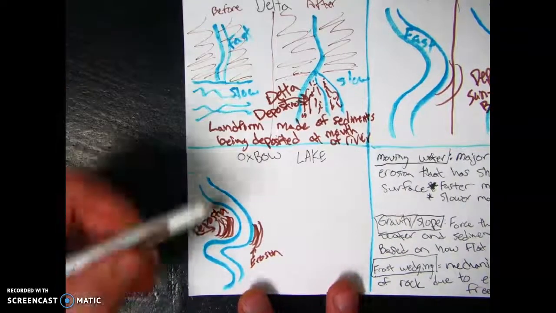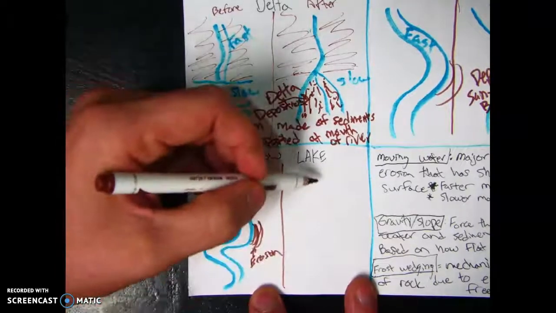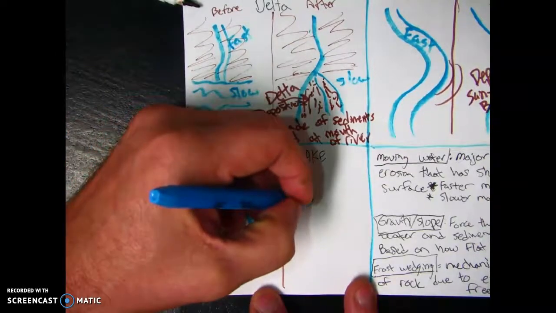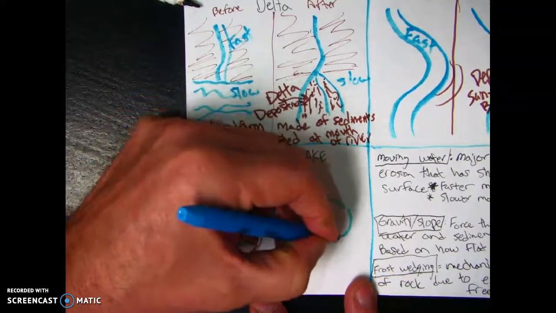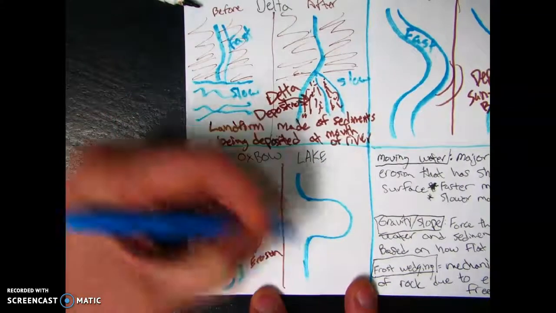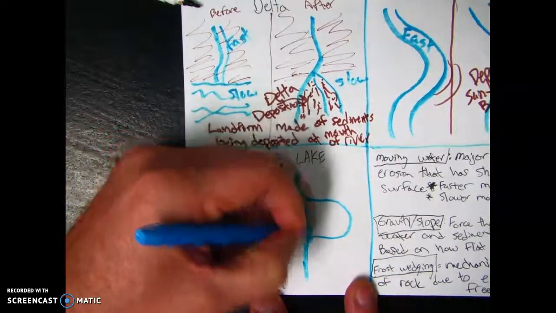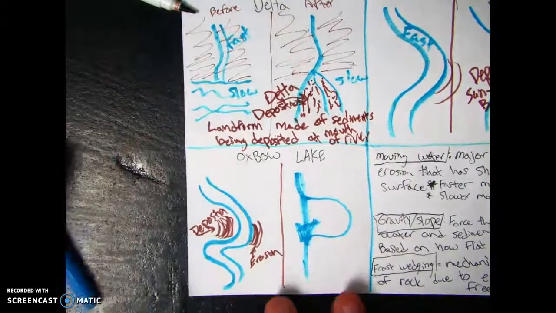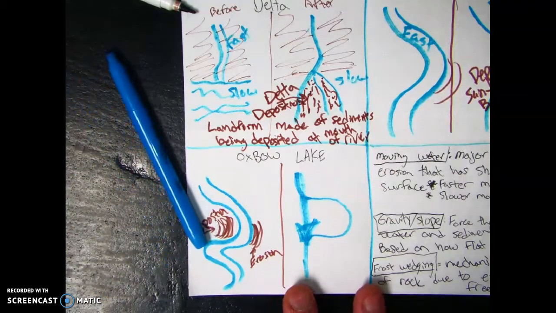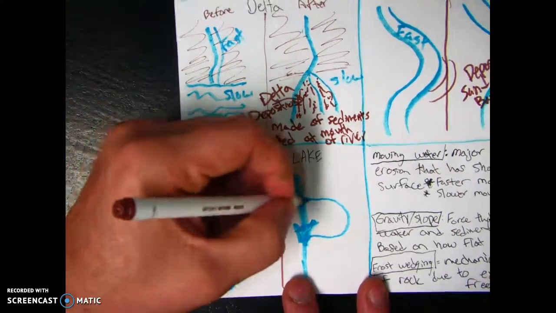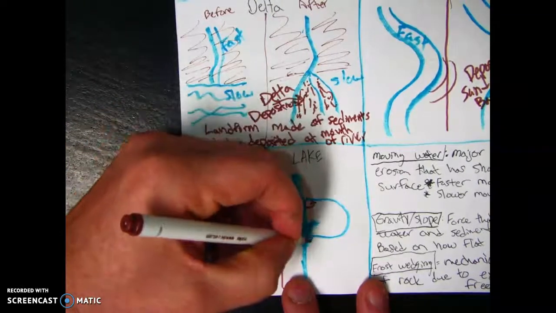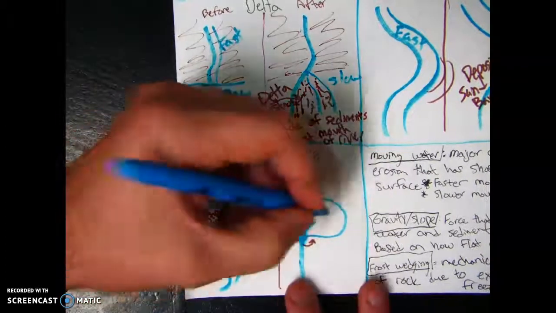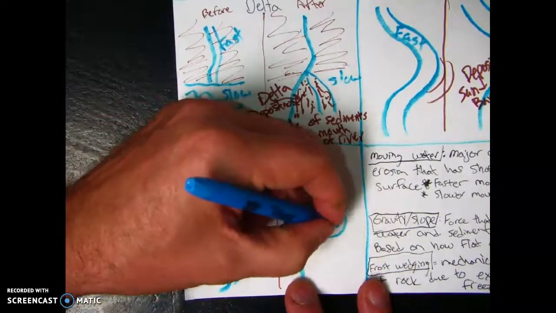And then for after picture, after a flood, right? The flood, we had that big meander. The flood's going to cut a new channel through it like that. Water is then going to have to come in here and here, which makes it slow down.